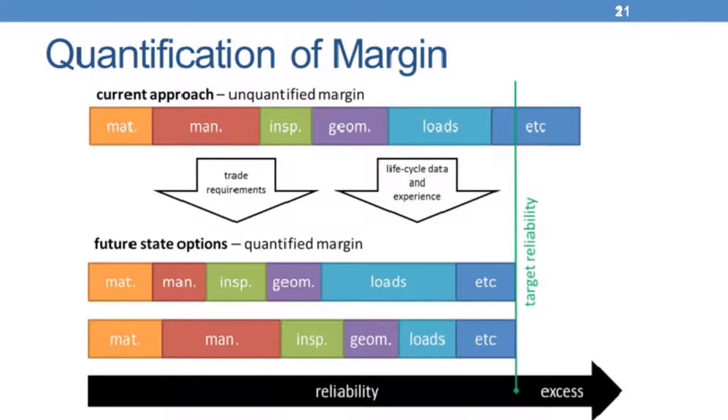Essentially, the approach enables us to make better use of the data sources across the whole of the system and life cycle to focus resource where it's best used. And of course, all of this assumes that we know what the target reliability is. This is a topic in its own right, actually, and I'll comment briefly on this a little later on.